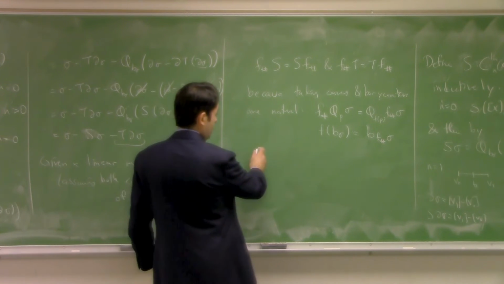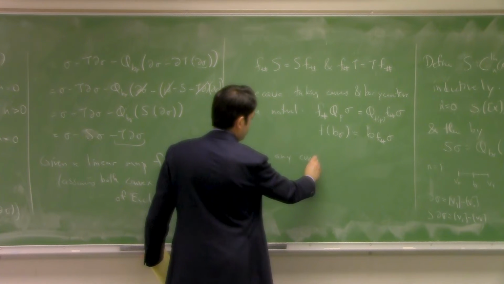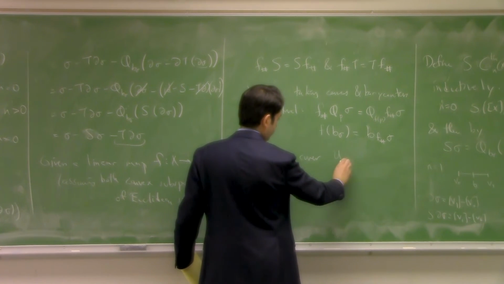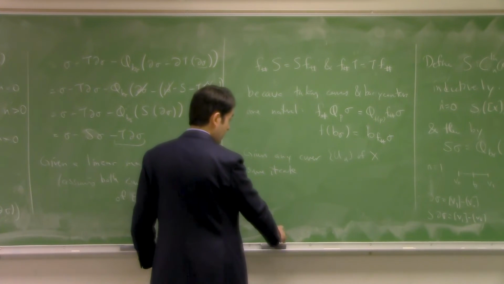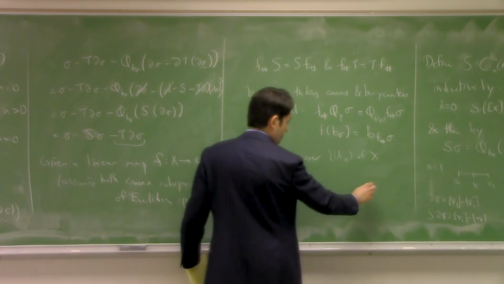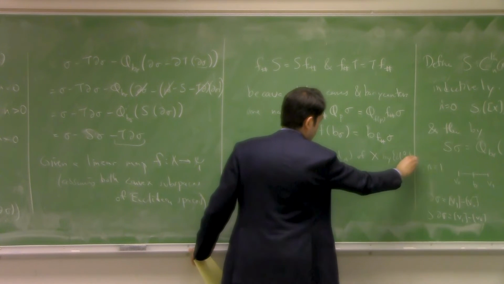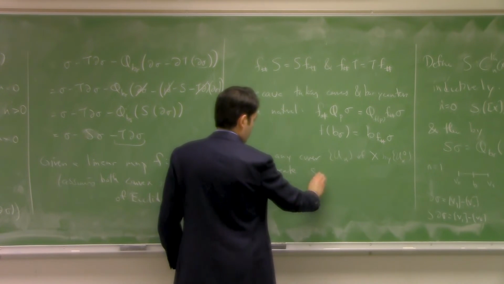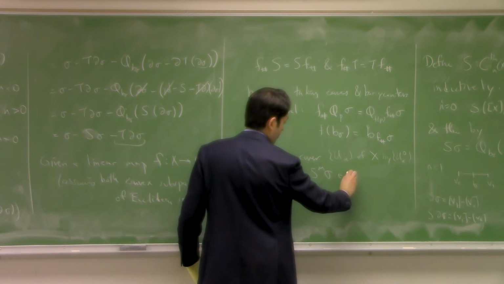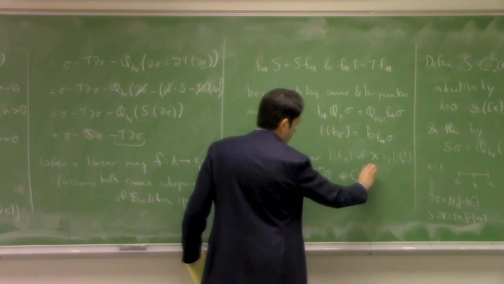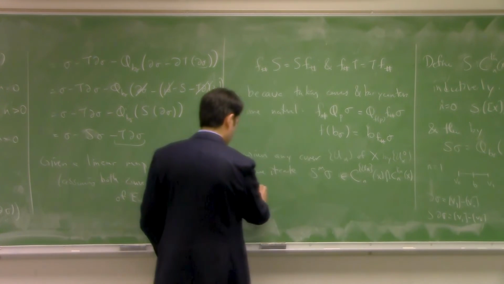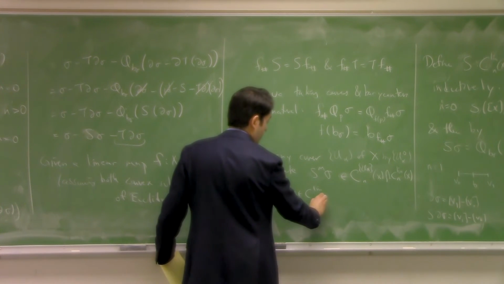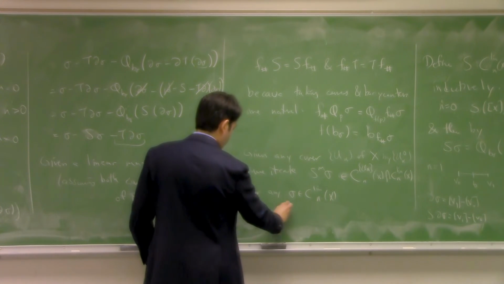So it also has the property that, given any cover of X, where I want the interiors to cover X, some iterate S^m sigma will be in C^U_n(X) intersect C^linear_n(X) for any sigma in C^linear_n(X). Note that m depends on sigma.